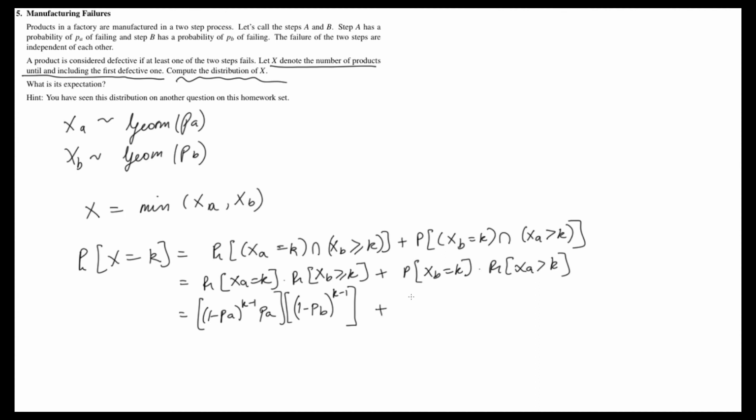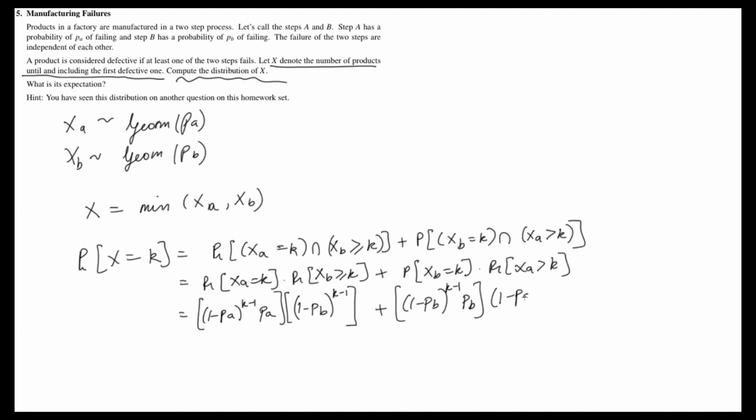Similarly, you have plus probability 1 minus PB to the K minus 1 times PB times. Now you know that XA has to succeed definitely K times and maybe more.